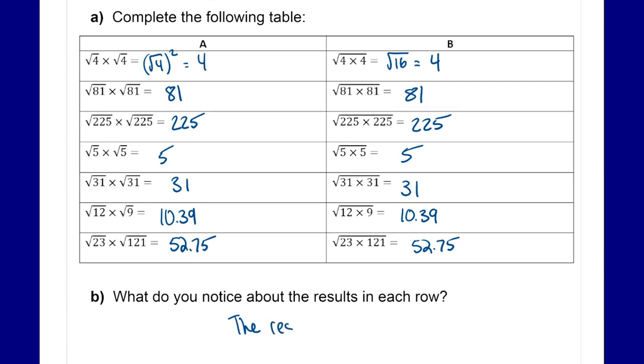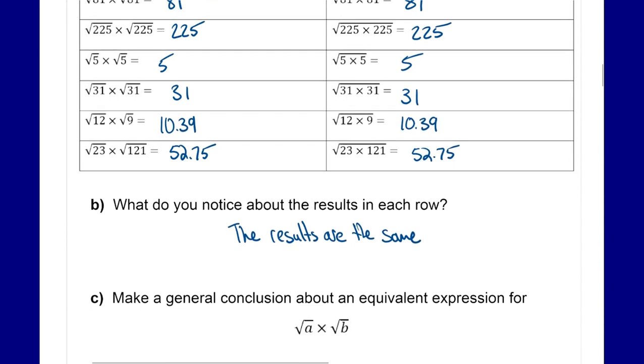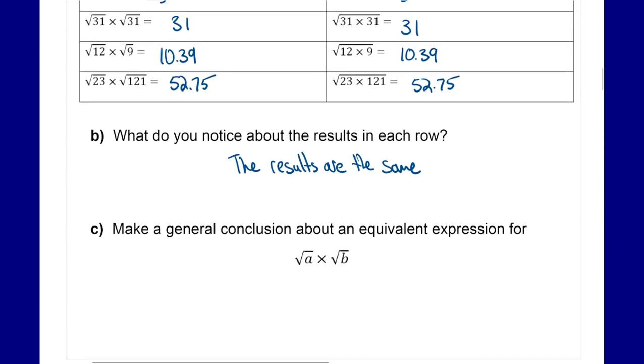So based on that, is there a general conclusion that we can make, something that's equivalent to the square root of a times the square root of b? Well, as we saw above, if the roots are separate, like root a times root b, that would be the same as if they were multiplied together under one square root.